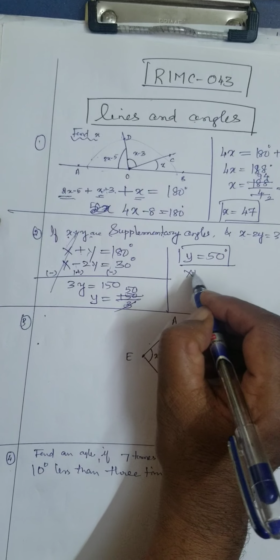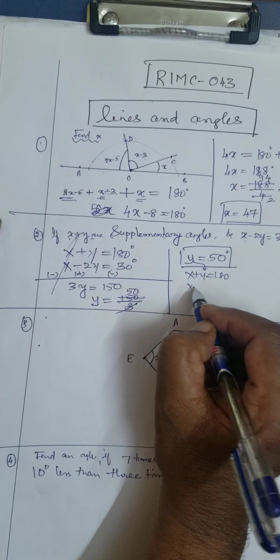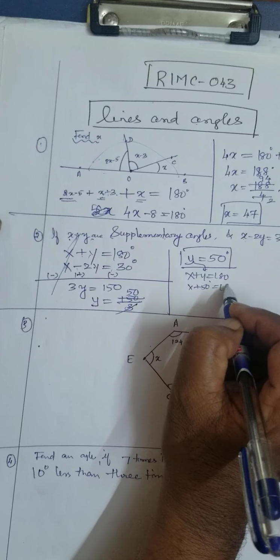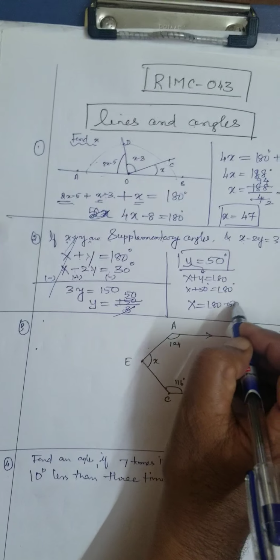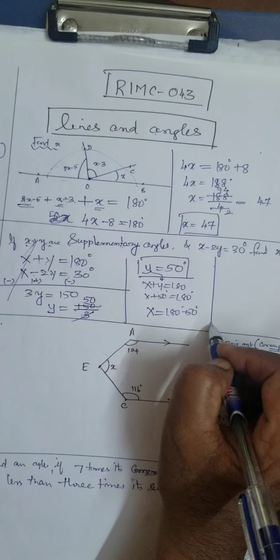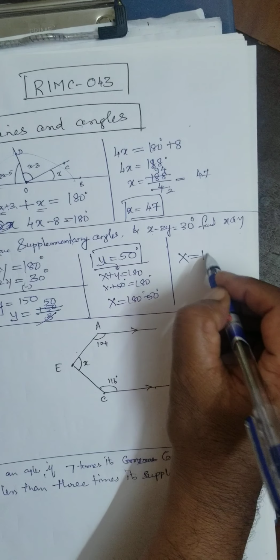But x plus y is equal to 180, and y is 50 degrees. Therefore x is equal to 180 minus 50, or x equals 130 degrees.